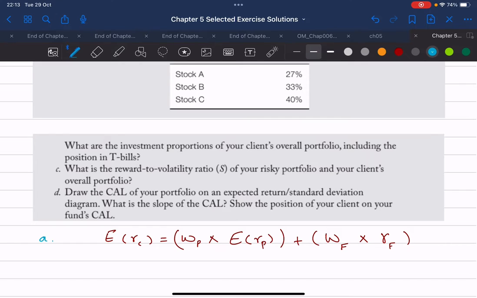With this, as you can see, we can just substitute and solve our question.